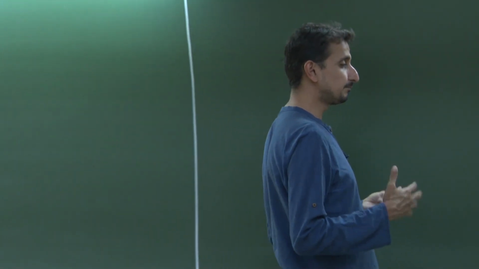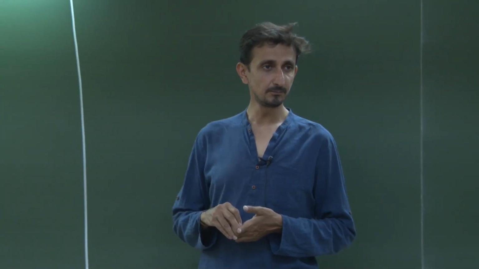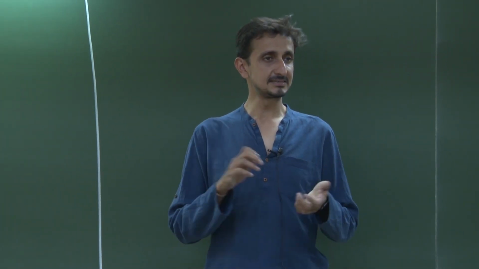If not for all, maybe for a large fraction of Boolean functions, we will show that the size of the circuit, or the size of a formula, is at least some value. So, let me start by giving a definition.